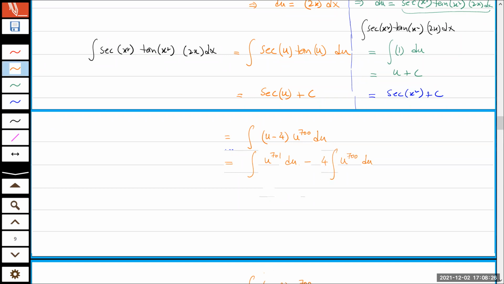Okay. This equals, by the power rule, u to the 702 divided by 702 minus 4 u to the 701 divided by 701 plus the constant of integration.